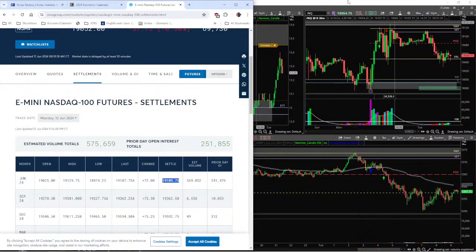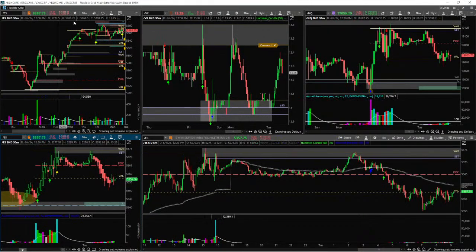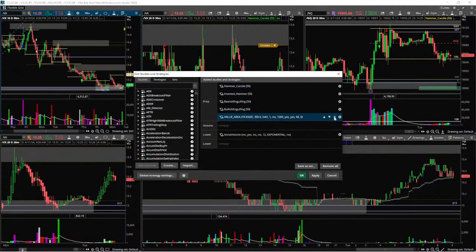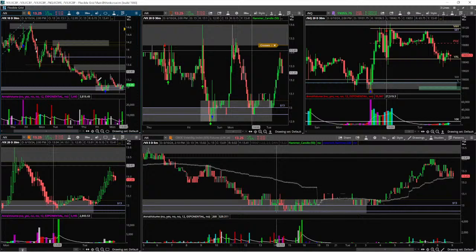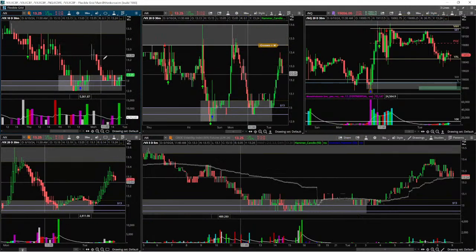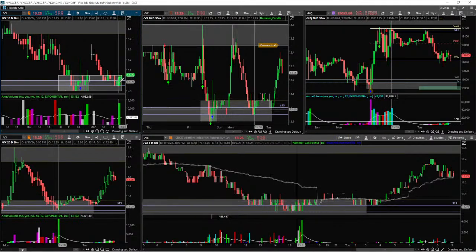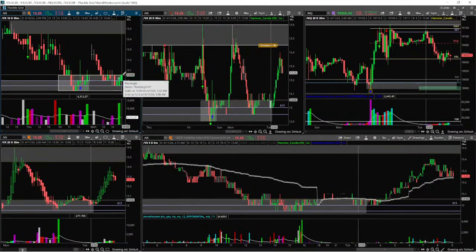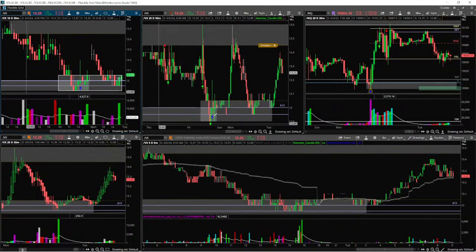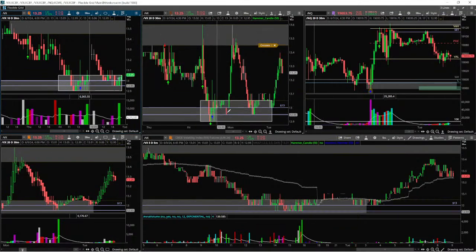Close this out. All right, so now we're just going to work on VIX. Just do this real quickly. VIX had a nice downward move and it broke out. It's an overnight session.